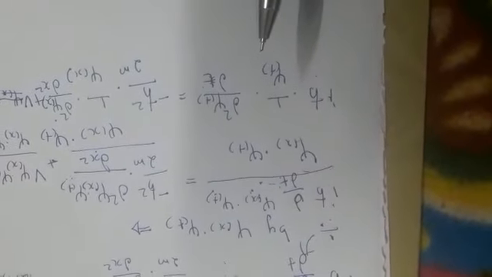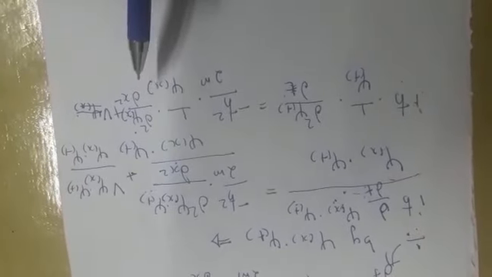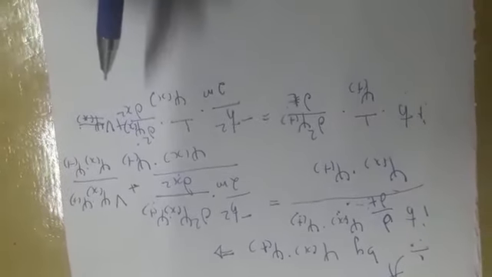Now LHS is a function of t only and RHS is a function of x only. So the two sides, LHS and RHS, must be separately equated to a constant. This LHS can be equated to a constant and RHS can be equated to the same constant.